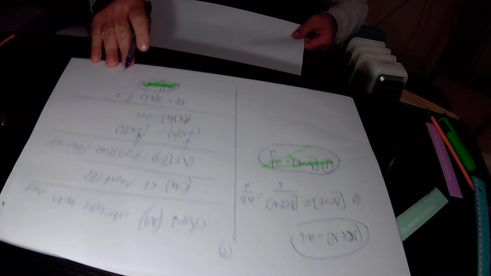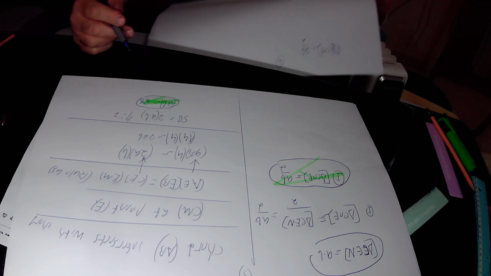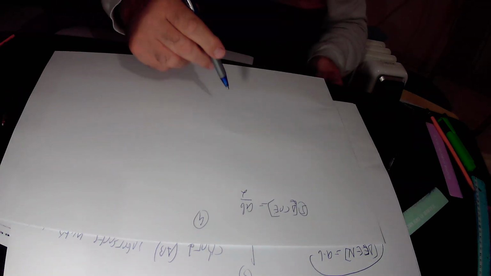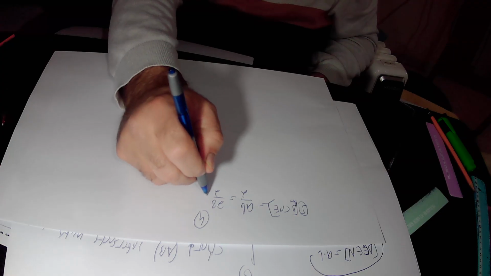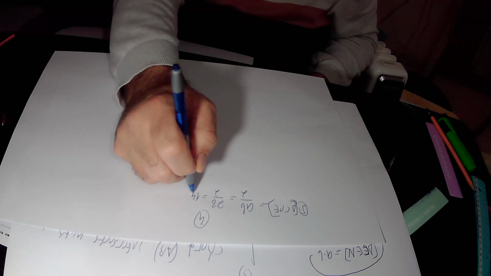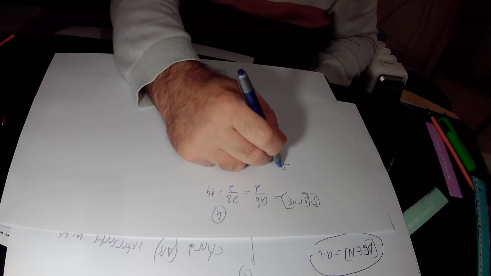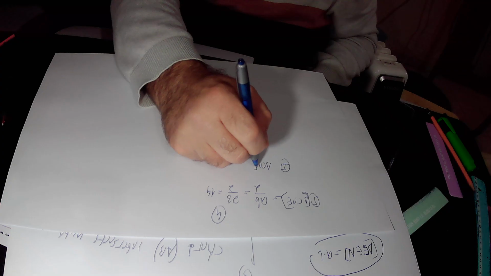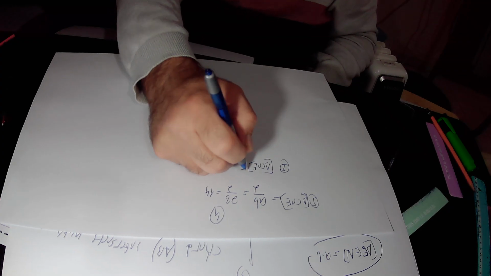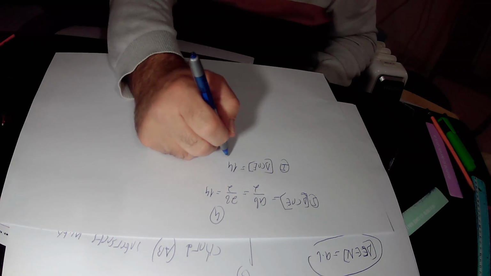But we just found that AB equals 28. So substitute AB in equation 1 by 28 over 2. 28 over 2 is 14. In total, we found that the area of the green triangle COE equals 14 square units in size.